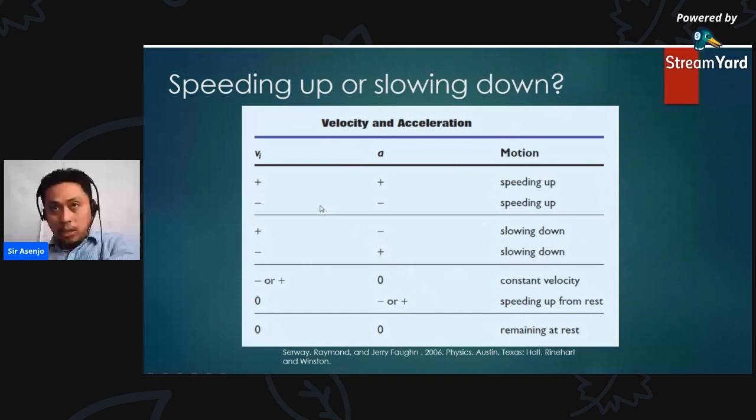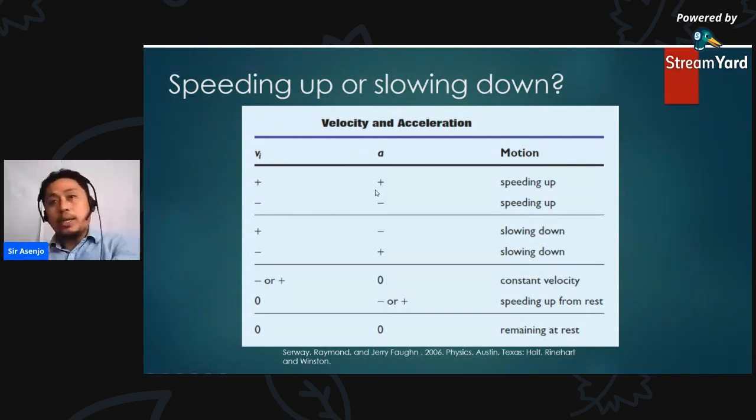When the initial velocity is positive, that means plus sign, and the acceleration is positive, what does it mean? The motion is speeding up. Again, when both are positive, they are going in the same direction. That means the motion is speeding up. That is how symbols work in physics.